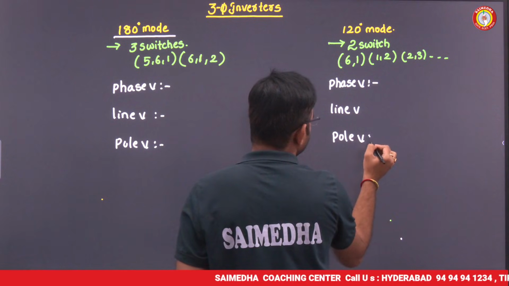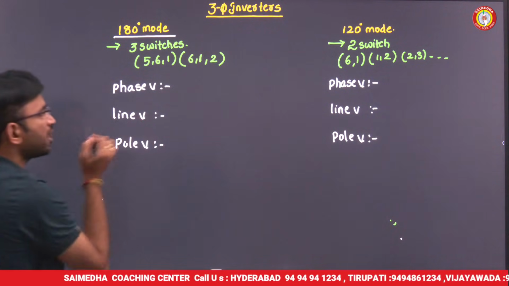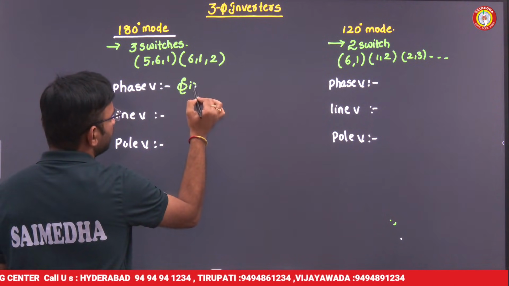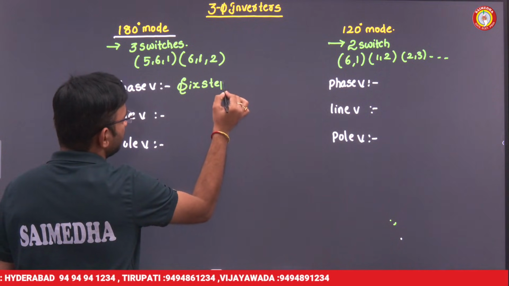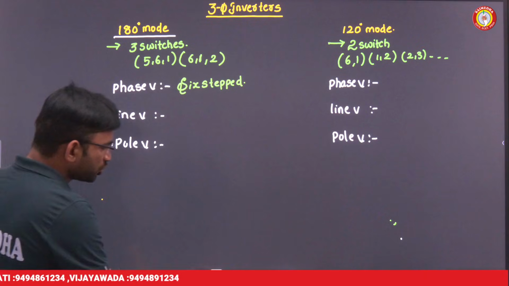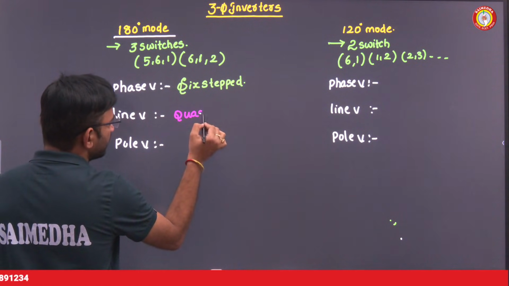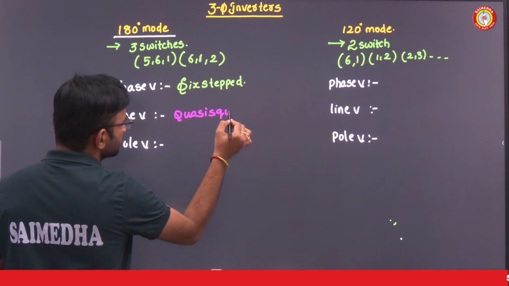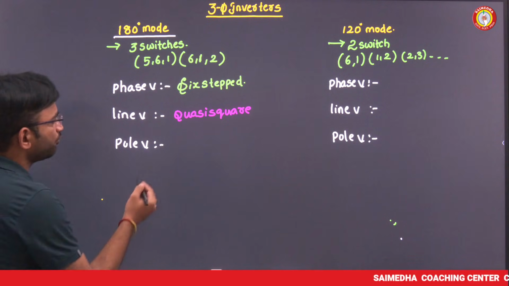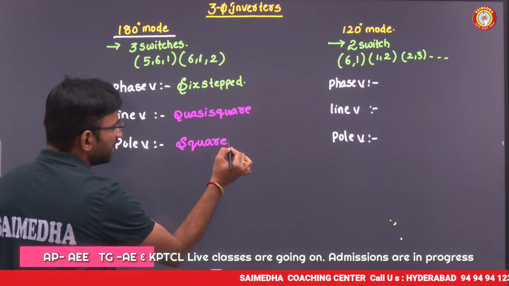First, in 180 degree mode of operation, the phase voltage is a 6-stepped waveform, the line voltage is a quasi-square waveform, and the pole voltage is a square waveform.